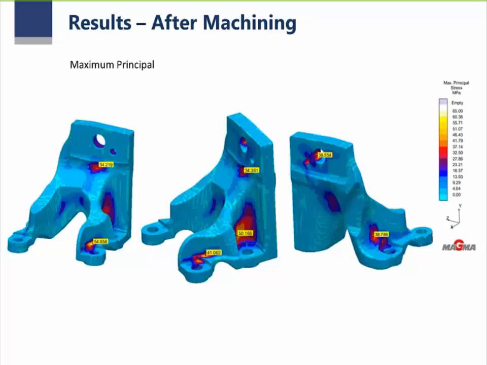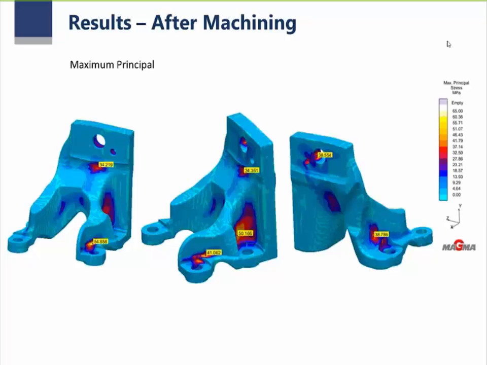I have two more questions here from Rorit. If the objective function is weight, what are the input parameters? Here, for the optimization, the objective was to minimize the compliance, which is the same as maximizing the stiffness of the component.